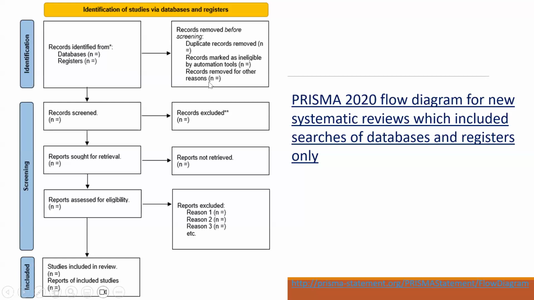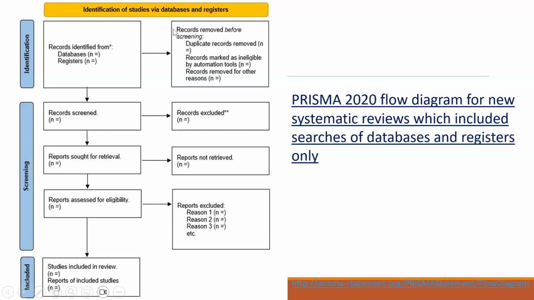Then records removed for other reasons, like if you find you might have imported some wrong study. If you have excluded it, you can also write that number. If these two areas are not applicable, then you can remove them and only keep duplicate records removed, and the number that you have removed from your screening software.